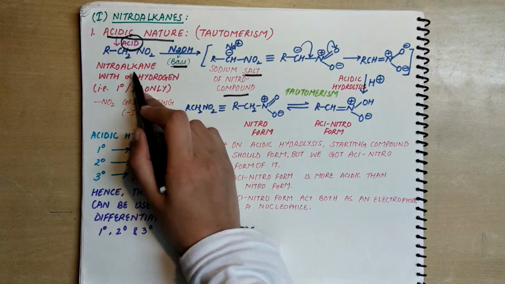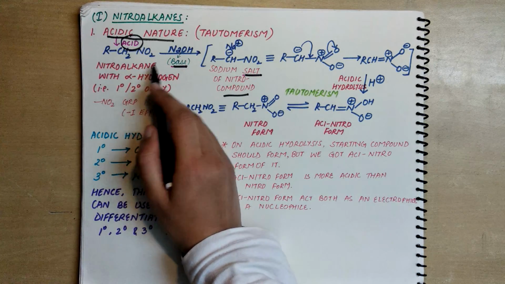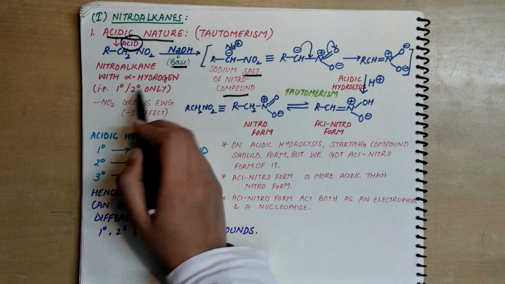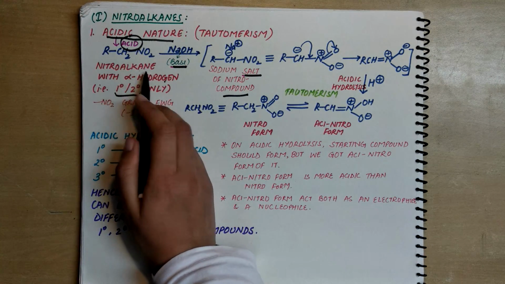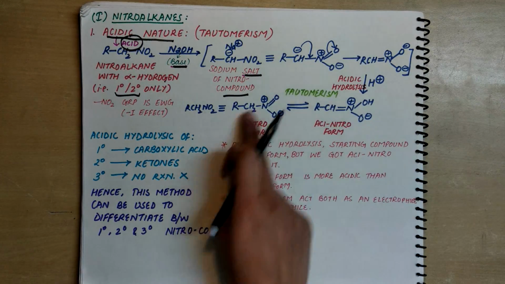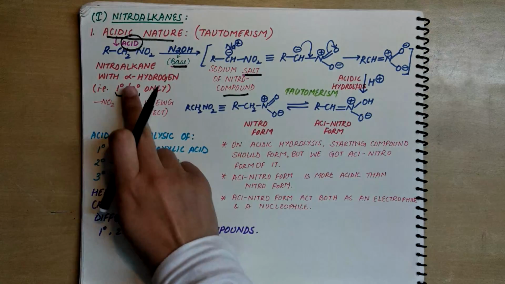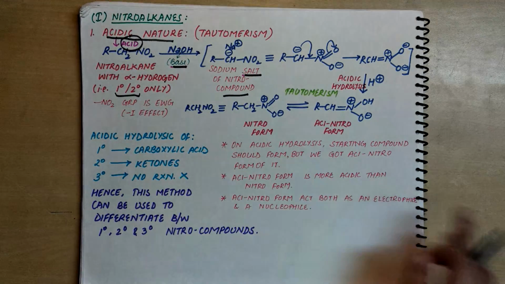Here, the nitroalkane has alpha hydrogens. That is, we can only use 1 degree and 2 degree nitroalkanes. We will see this reaction and then we'll get to know why only 1 degree and 2 degree nitroalkanes can be used.